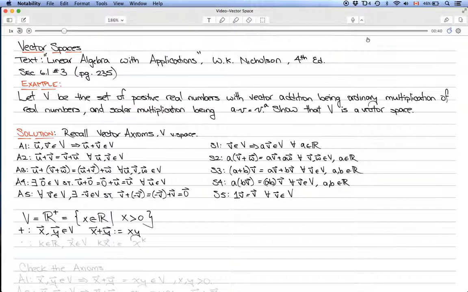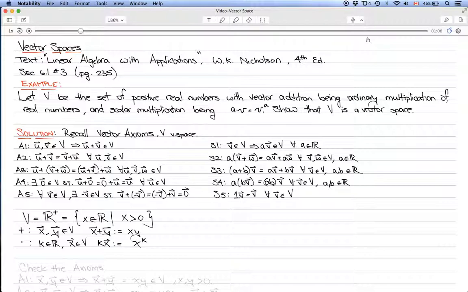I'm just removing the vector notation here because they're just real numbers. And scalar multiplication is defined by taking some real number k and some vector in V, and we get that k times x by definition is equal to x to the power k. Again, I'm removing the vector notation since x is a real number.